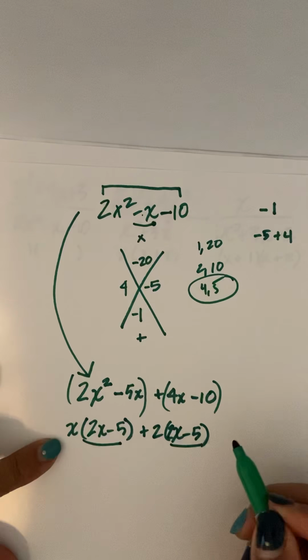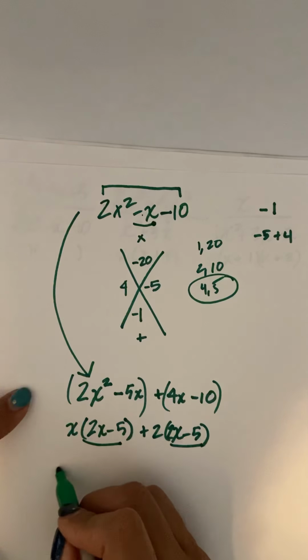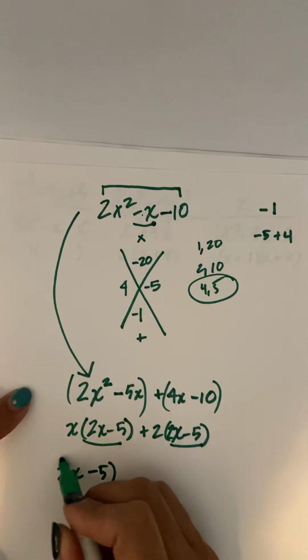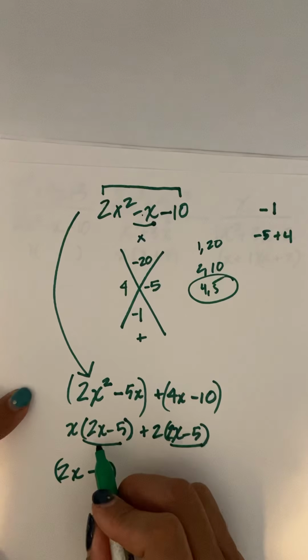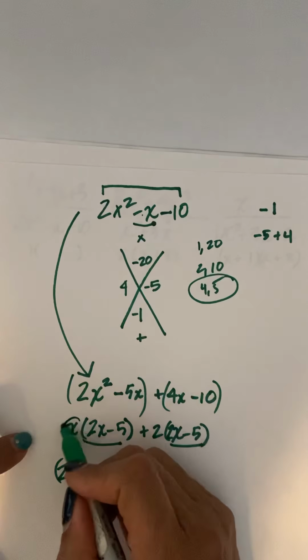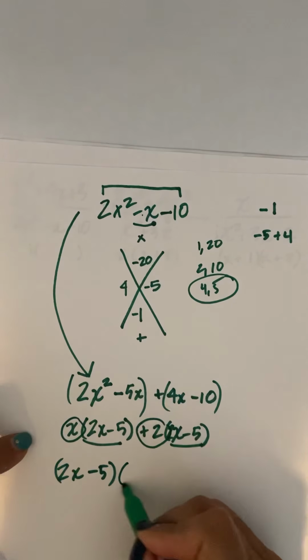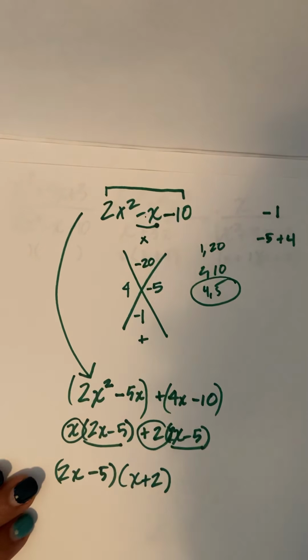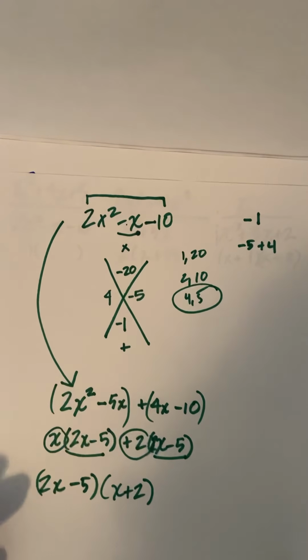Notice I get the same thing twice. So now my answer is 2x minus 5 because that repeats. That's like a new GCF just for this line. And then what's left? x plus 2. All right. So 2x minus 5 times x plus 2.